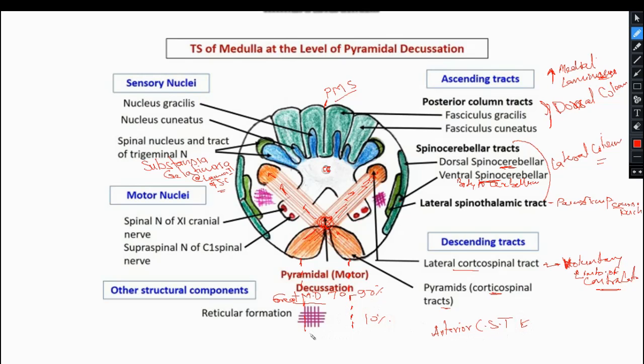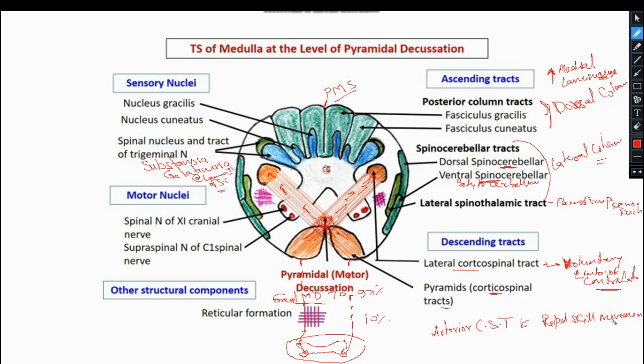They are 10% of this, and they end at the anterior horn cells of the spinal cord. These 10% are responsible for rapid skilled movement.